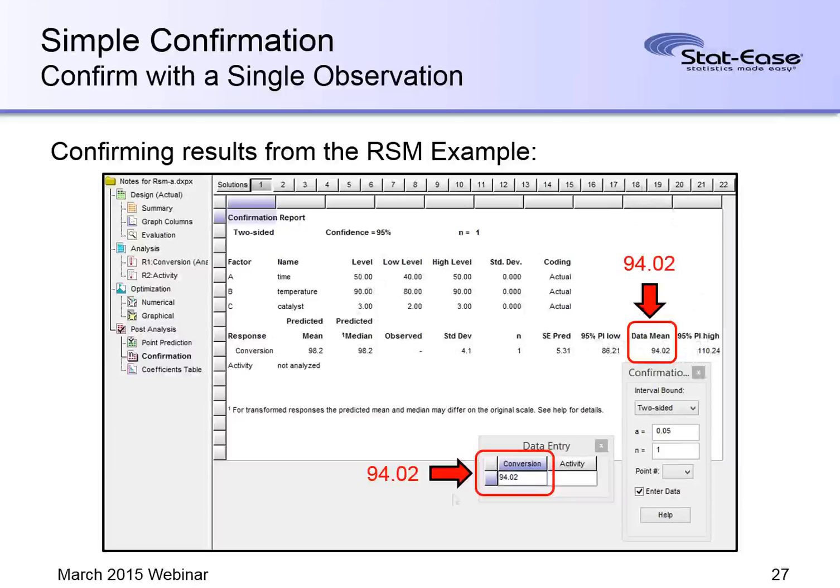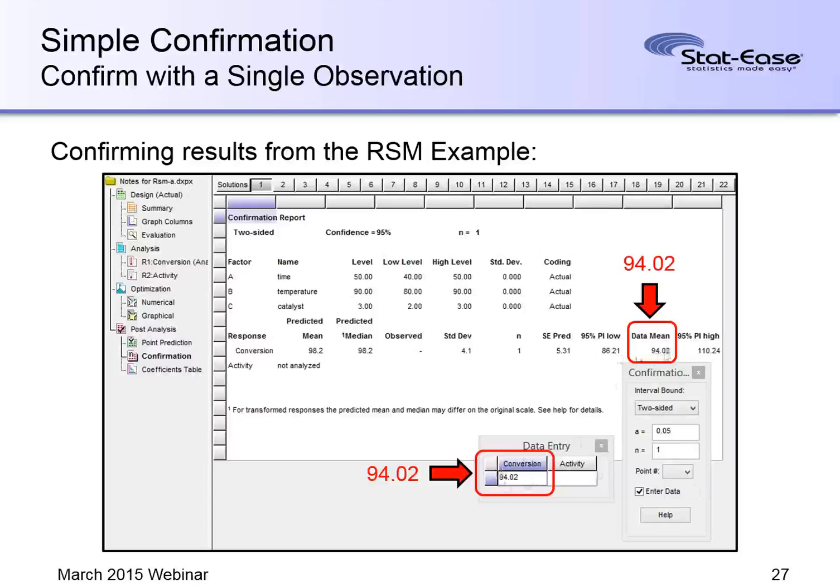Let's say that the confirmation run the experimenter did after fitting the model was 94.02. He can plug in this response here, and it will appear here.